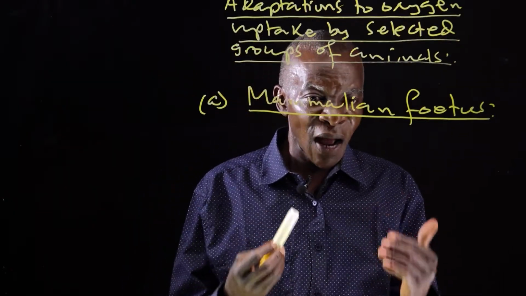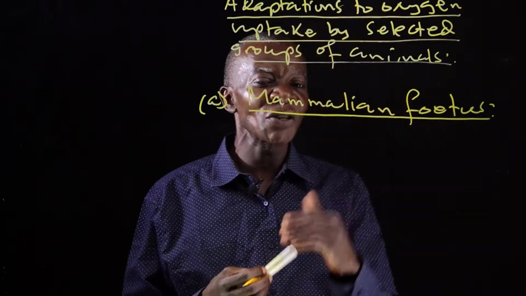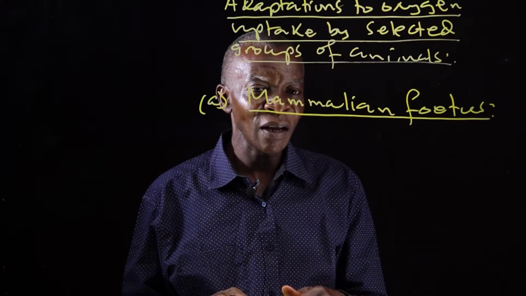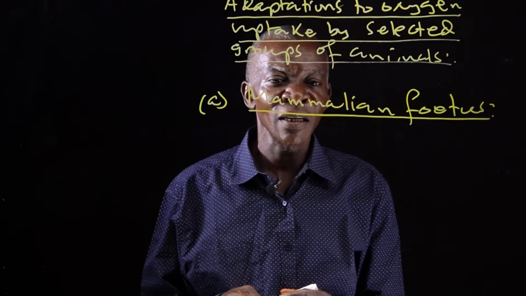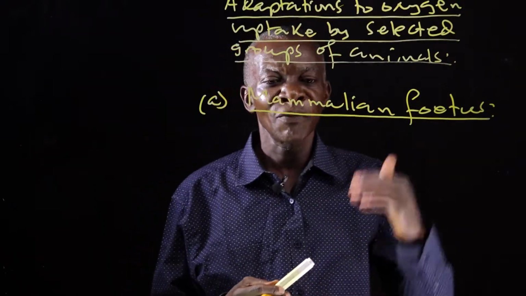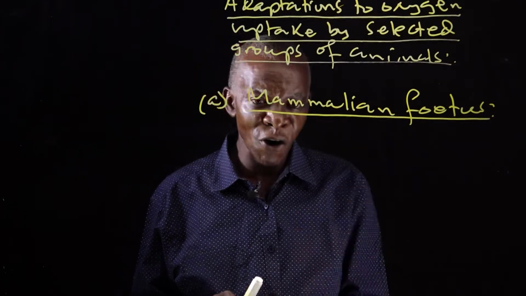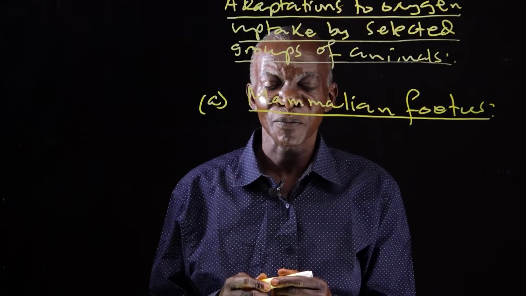Now, how is it that the fetus is capable of taking oxygen from its mother and not the other way around? Why does oxygen cross the placenta from the maternal circulatory system into the fetal circulatory system and not from the fetal circulatory system into the maternal circulatory system?